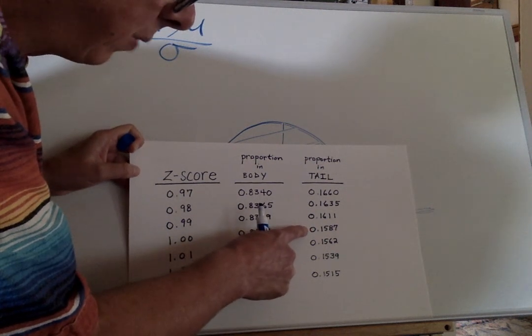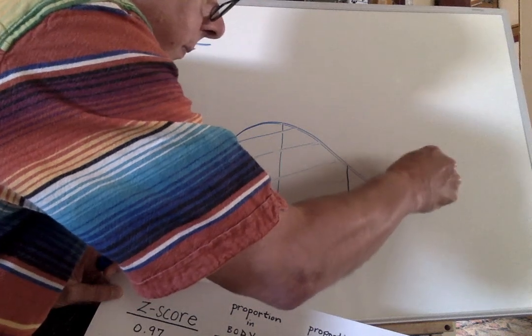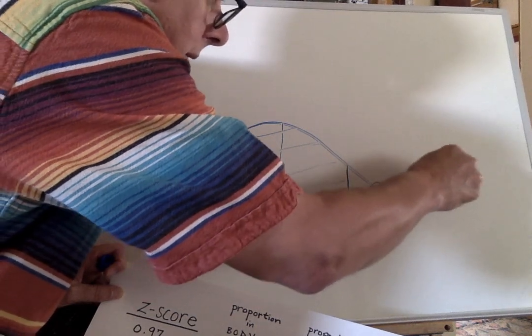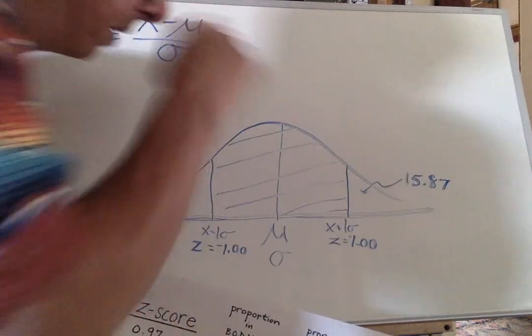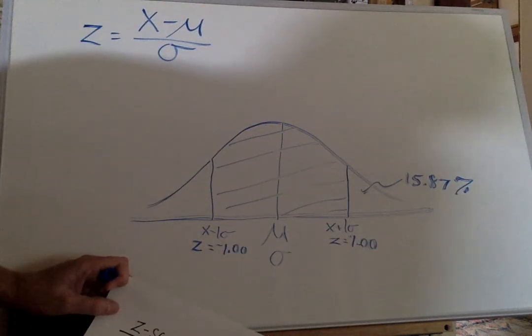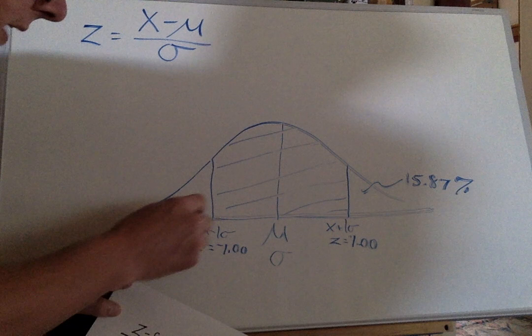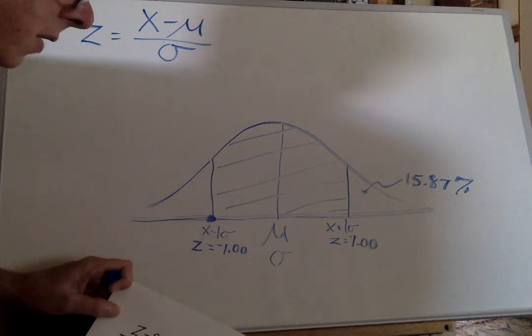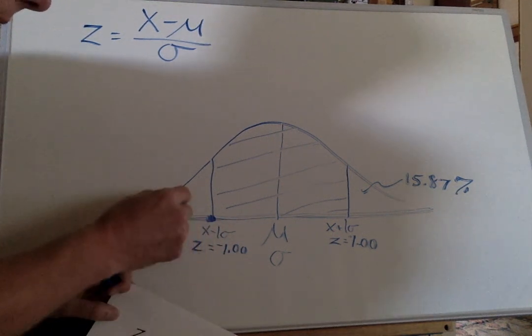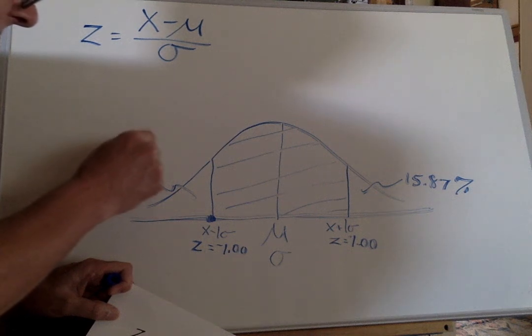So it's 15.87%. 15.87% in that tail. Now, like I said, this is a symmetrical curve, and so if I go down to a z-score of -1, I get the same percentage here, 15.87%.